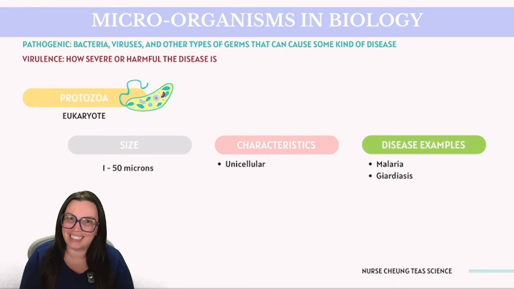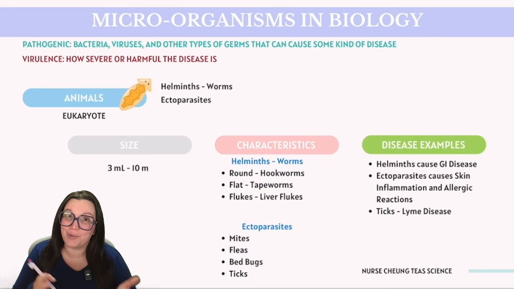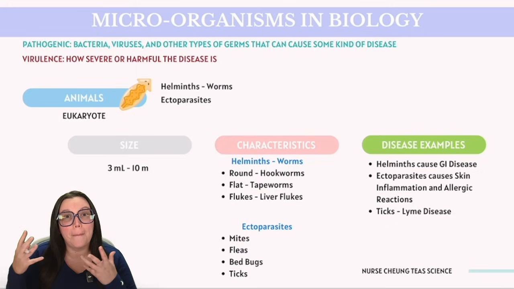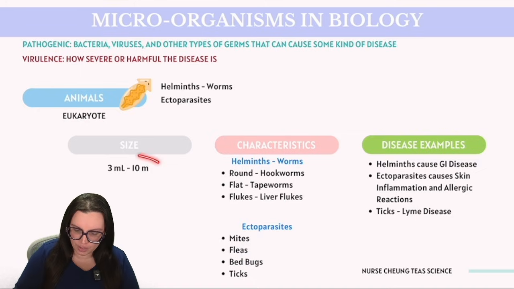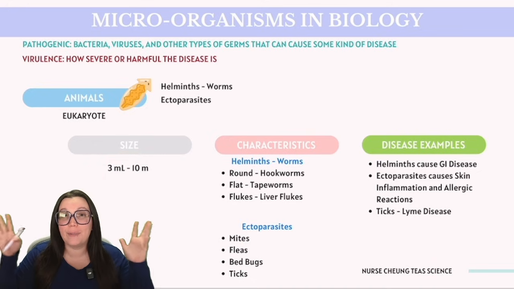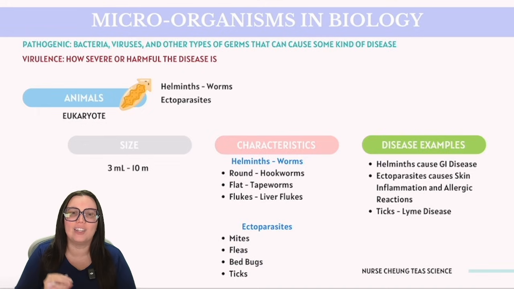Finally, we move on to animals that can be classified as helminths, which are worms or ectoparasites. Helminths are multicellular eukaryotic organisms that range significantly in size, from as small as 3 millimeters all the way up to as large as 10 meters. In terms of classification, helminths can be divided based on their shape.